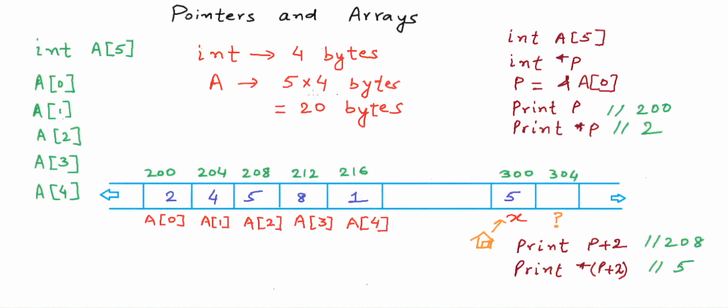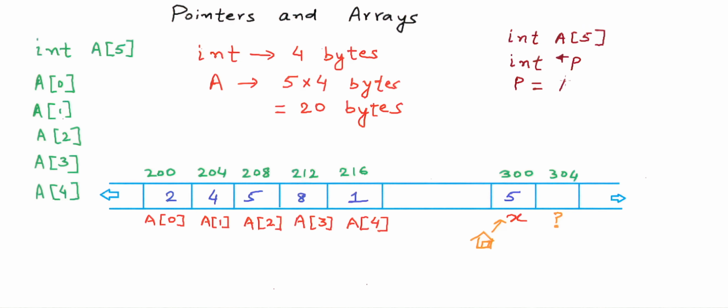There is one more property of the array. If we just use the name of the array a, then a gives us the pointer to the first element in the array. So we can write a statement like p is equal to a. In fact, we do not even need to take this address in another pointer variable. If we simply print a, then this gives us nothing but the address of the first element in the array.